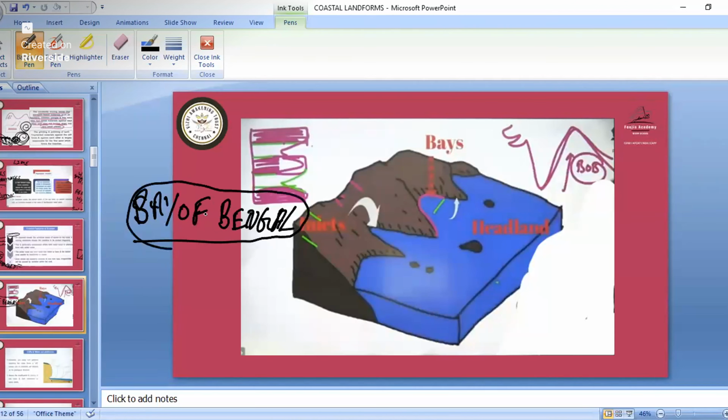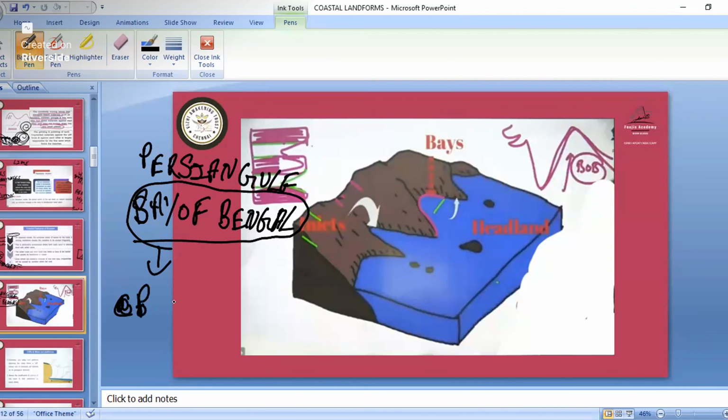No. The Bay of Bengal area and the Persian Gulf area, both these landforms have taken place because of continental plate movement. So don't forget, these two bays have taken place due to the continental plate movement. That plate movement we studied.